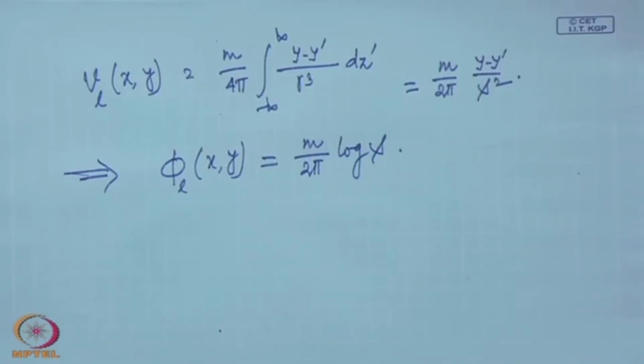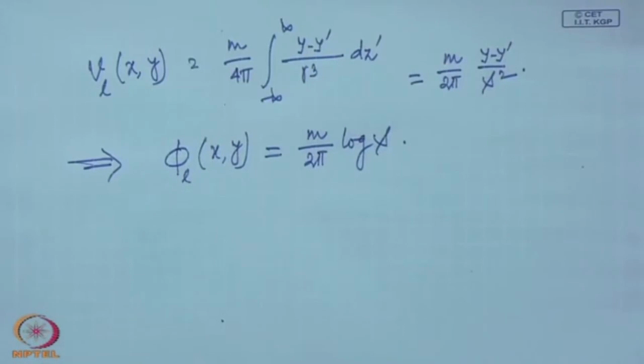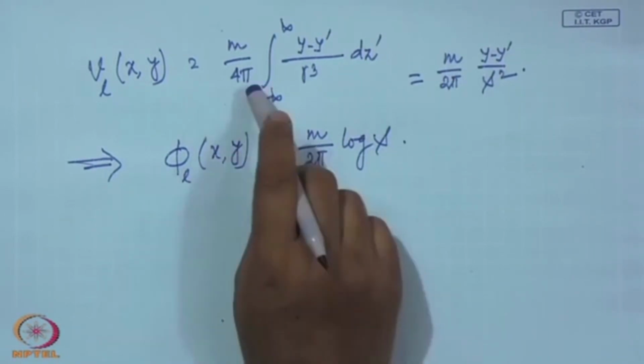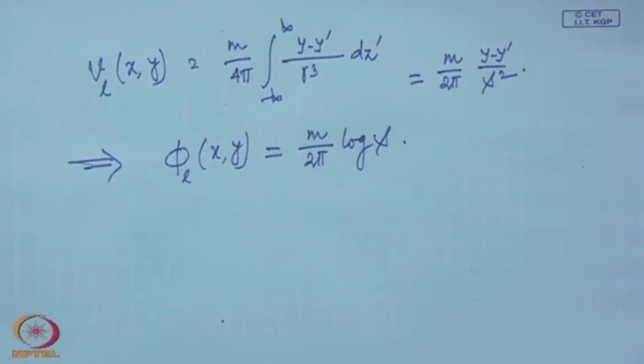You may try to find out this potential by integrating the potential due to a point source. Please try it and see what happens. For the velocity, that is what we have done. We have considered the velocity due to a point source and then integrated it.